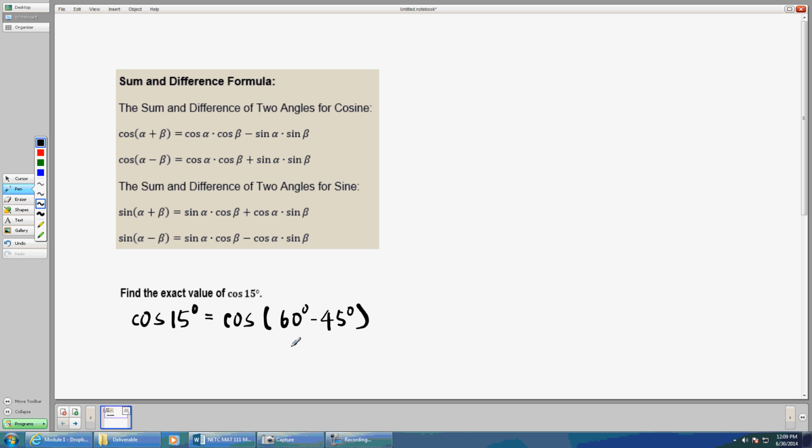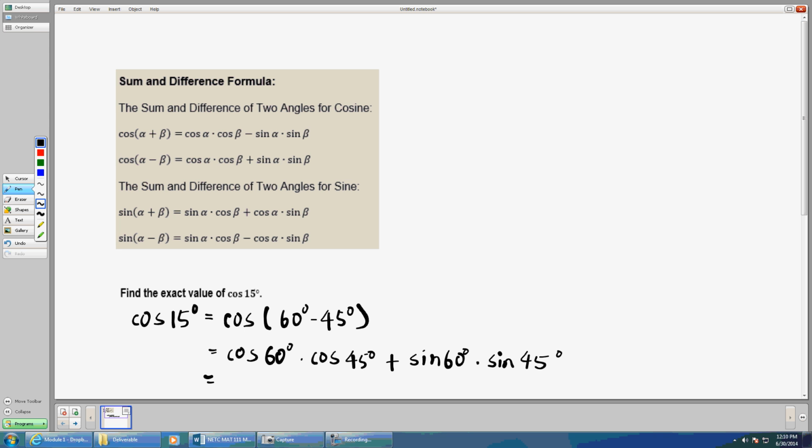To use the difference of two angles for cosine, the formula says it's going to be cosine of alpha, which is our 60 degrees, times the cosine of beta, which is my second angle, 45 degrees, plus the sine of 60 degrees times the sine of 45 degrees.